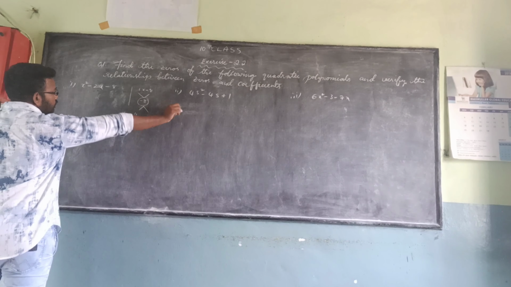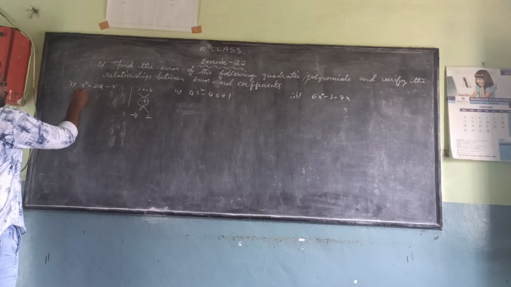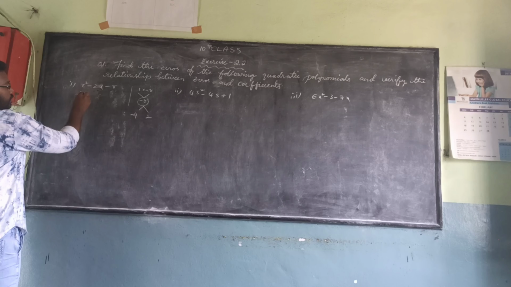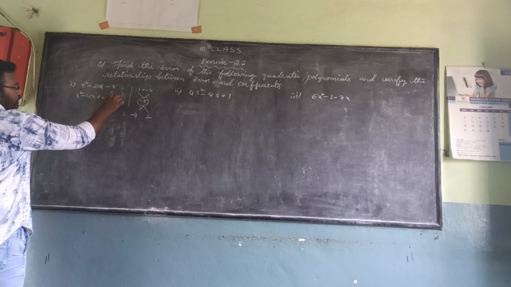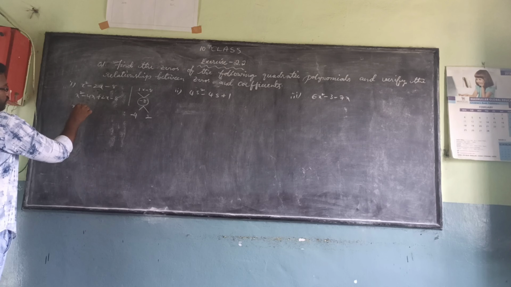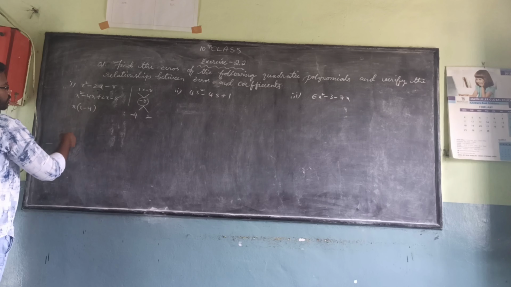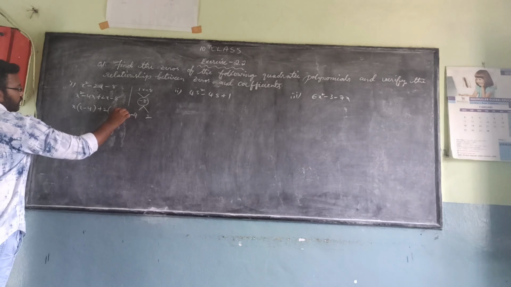If you put the negative on the bigger term, we can write x square minus 4x plus 2x minus 8. Here you can take x as common, x minus 4. Here also you can take plus 2 as common, x minus 4.